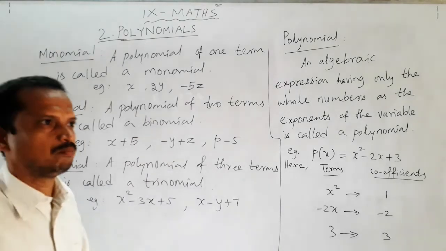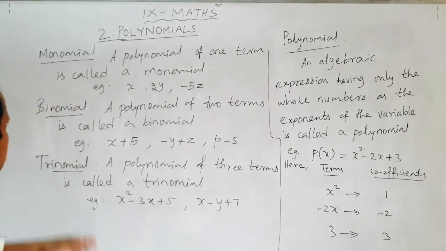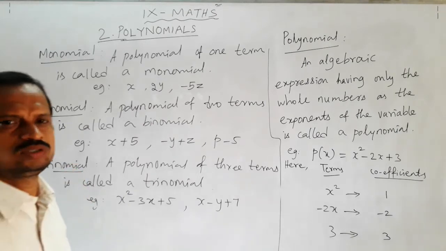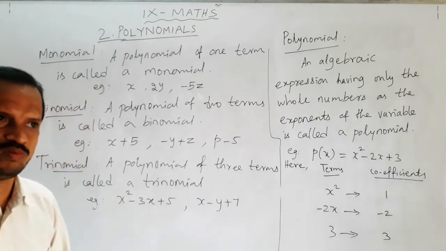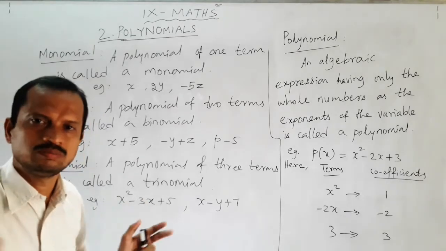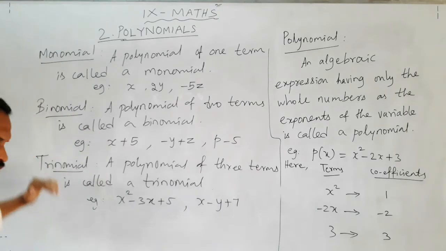One more thing we can say. This is monomial, binomial, trinomial. Based on that, if more terms come, more than this, that means 4 terms, 5 terms, all are polynomials. So everything is polynomial.